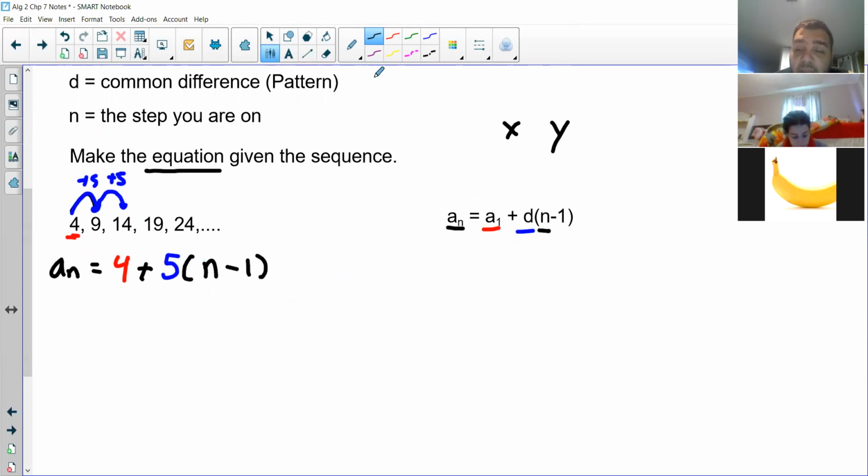All right. From here, we're going to make it nicer and simplify. So I have 5 on the outside of some parentheses. That's going to force me to distribute, or suggest I distribute, I should say. 5 times n is 5n. And then 5 times -1 is -5.